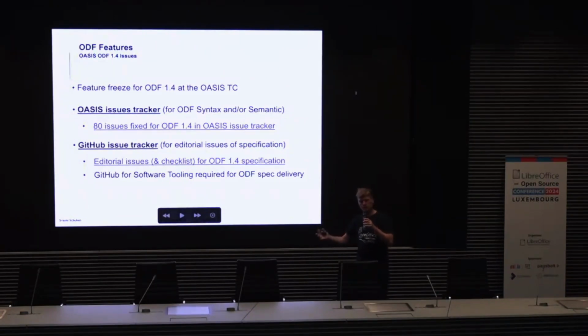We might have gone to GitLab, but it is a place where we put all the tooling: the transformation from ODF to HTML, scripts and documentation, and most of all the issues. If there's any editorial stuff, we have to mark it somewhere, but we don't want to put so much noise into the specification itself, so we keep this separated, all right?